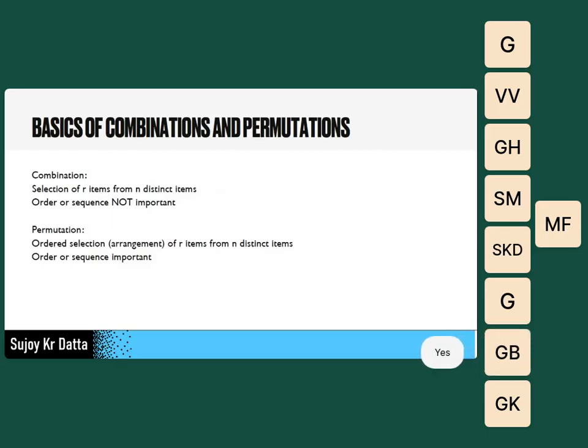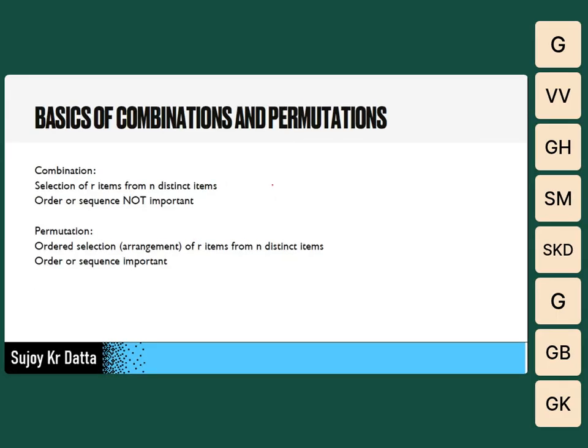So what do we mean by combinations? Combination refers to a selection. So if you have, let us say, a set of objects, say A, B, C, D, and I want to select any two of them.